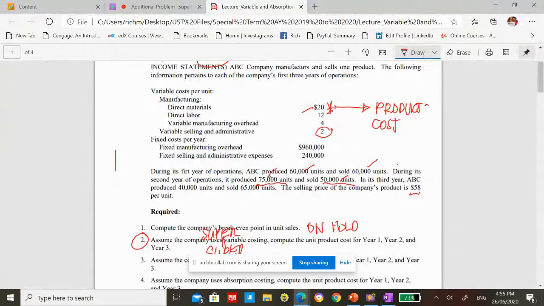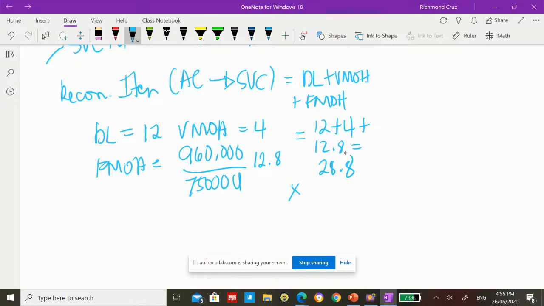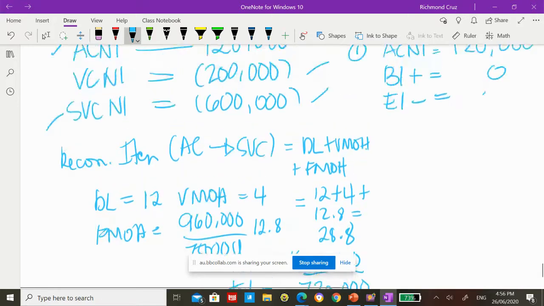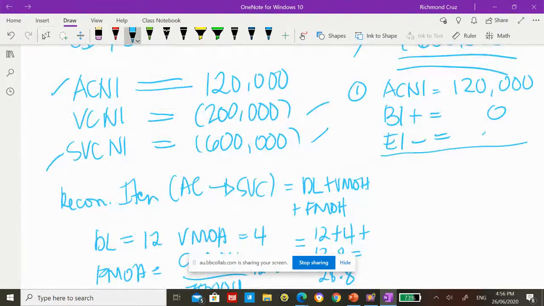That is 75,000 units minus 50,000 units, so 25,000 is the amount of our ending inventory. 28.8 times 25,000 is 720,000. So from absorption costing to super variable costing, this 720,000 should be deducted because the inventory of absorption costing is overstated as compared to super variable costing.